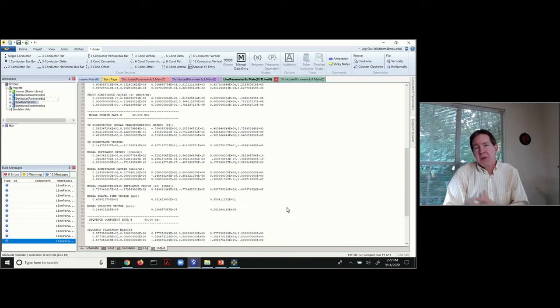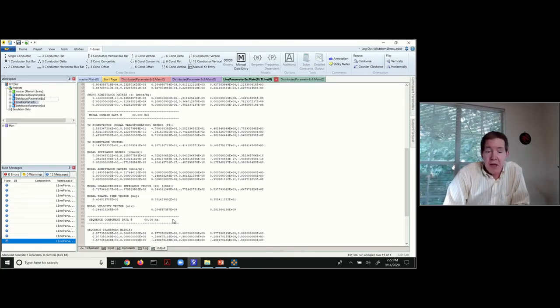Everything that we would have to do by hand, T-line actually does, and it gives you the ability of inputting this, if you want to, directly into the line model.